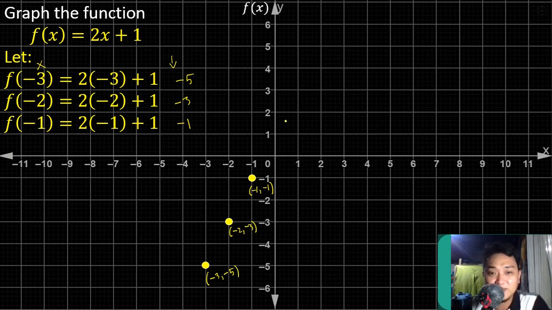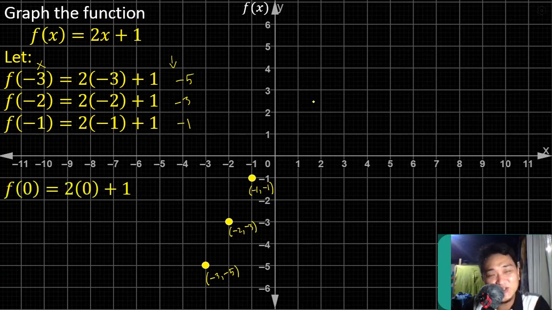Pwede pa tayong magdagdag, kaya kung mapapansin nyo, pag mas marami tayong point, mas maganda yung line natin. So we'll assume another value of x for the function. Let's say f of 0. So if the value of x is 0, 2 times 0 is 0, plus 1 is 1. So the value here of the function is 1. Parang siya yung y-intercept natin whenever the value of x is 0.